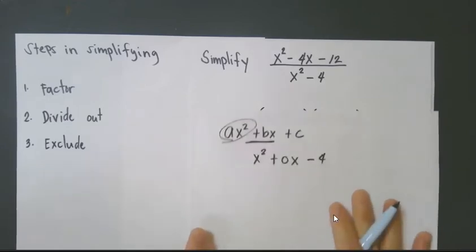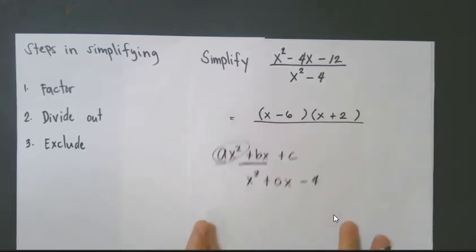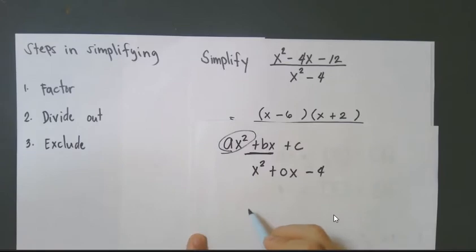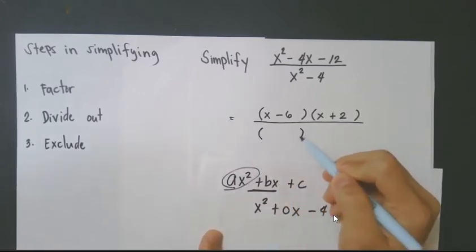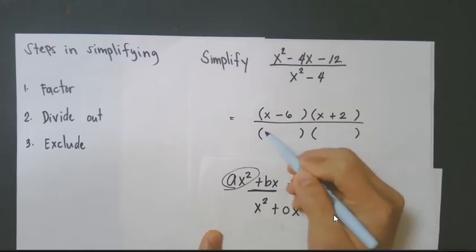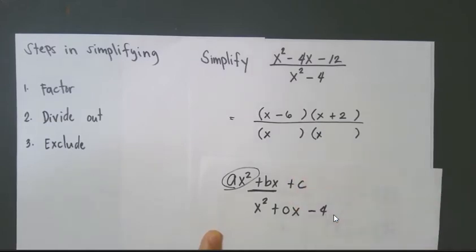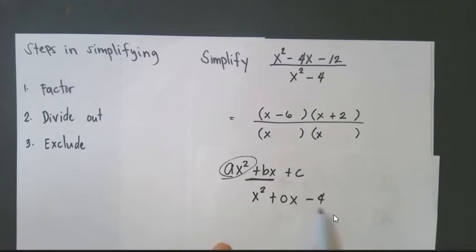So doing the same pattern with what we did with the numerator, you would factor out x squared first. So that will give us x and x. Now you want to factor out negative 4. So you want two numbers that if you multiply, you'll get a negative 4.